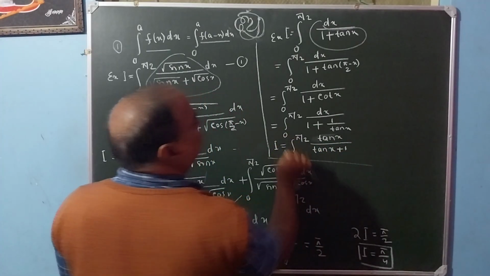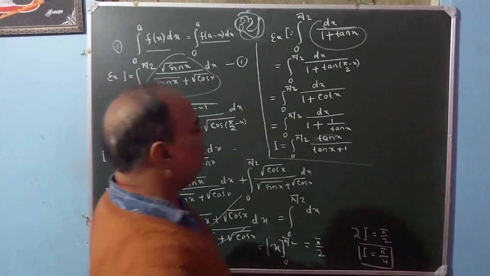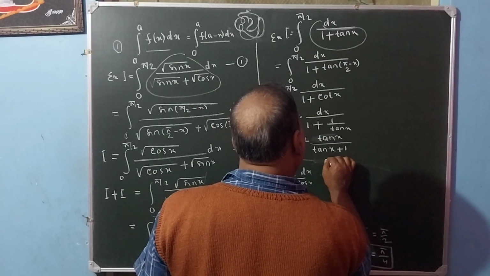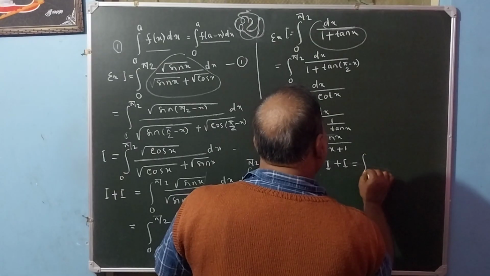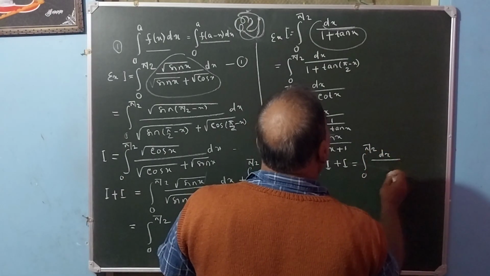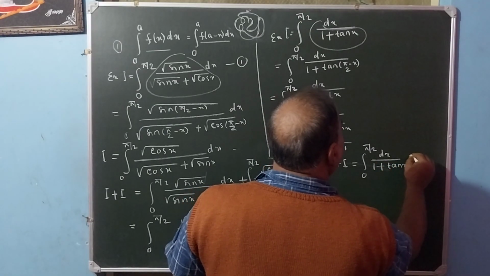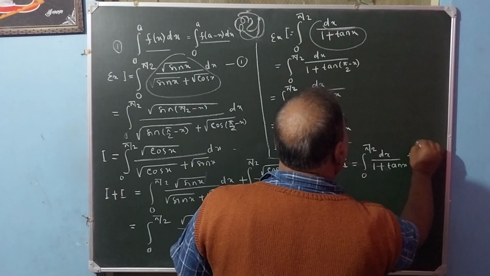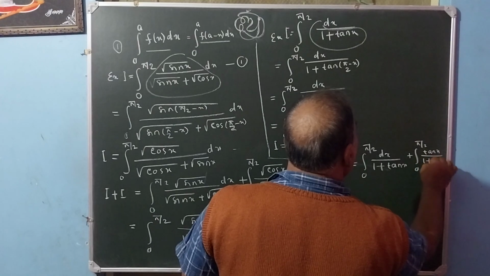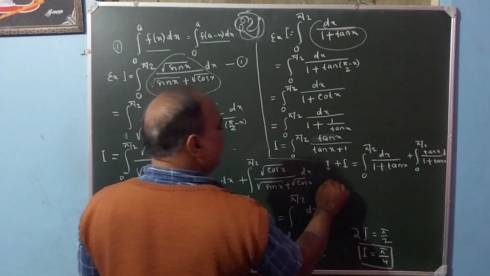So this is also I. Here it is I, here it is also I. I plus I, we get integration of 0 to pi by 2 dx by 1 plus tan x plus 0 to pi by 2 tan x divided by 1 plus tan x into dx.